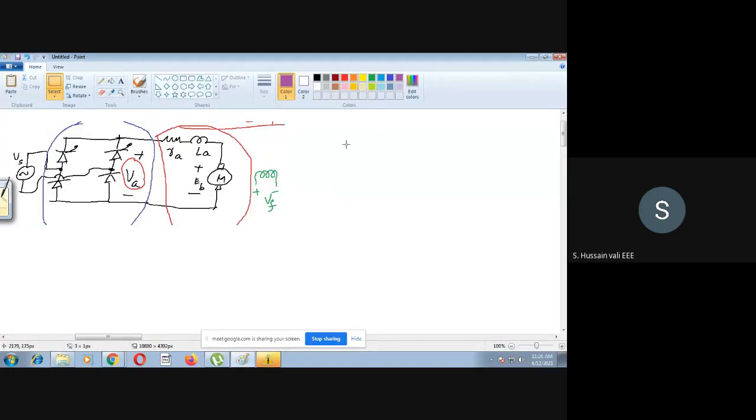Okay. So the same thing, we will do this analysis for continuous conduction. For that purpose, we need the waveforms. We need this waveform.